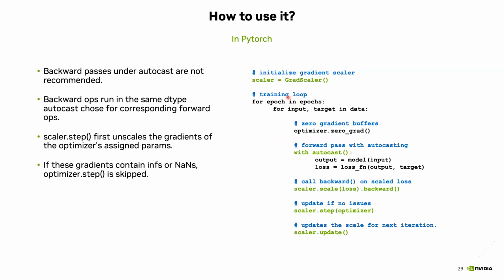It's a simple example of how to use it. We see on the right, I need to create a gradient scalar. Then when I have my forward pass, when I compute my loss, I need to call torch AMP autocast and do the compute inside it. It's not recommended to do the backward pass inside; it's better to do it outside. Outside, I need to do the backward, but I need to be aware of the scalar.